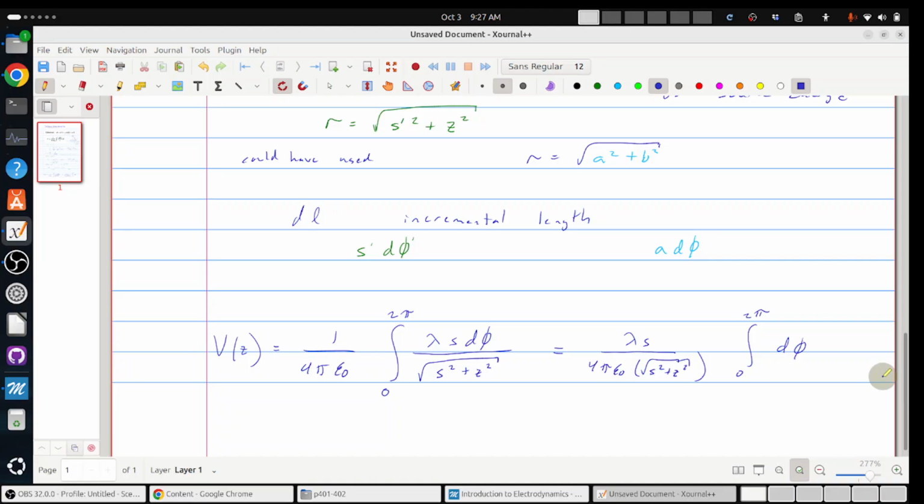Lambda is a uniform charge density. S is the radius of the circle. Z is the height above the circle. 4 pi epsilon naught is a constant. And so when I solve this, I'm going to have lambda s over 4 pi epsilon naught, the square root of s squared plus z squared. And then the integral of d phi from 0 to 2 pi is just 2 pi.